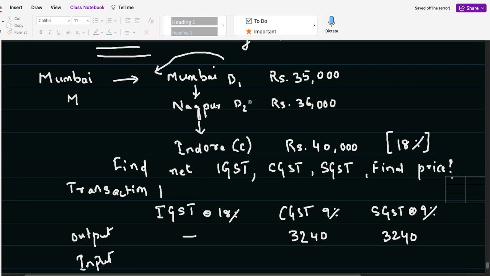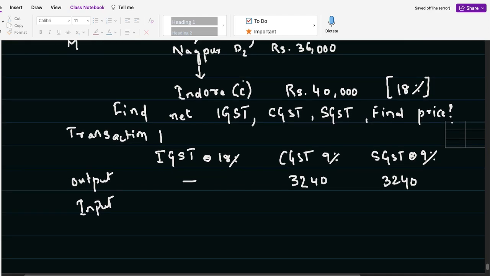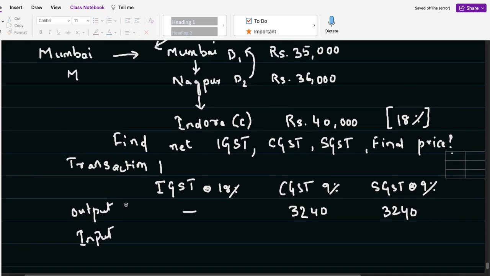Output for him is what he has got from dealer 2. So the output is on 36,000 rupees and the input is on 35,000, because he got it at 35,000 and sold it at 36,000. So the output will be on 36,000 and the input GST will be on 35,000.